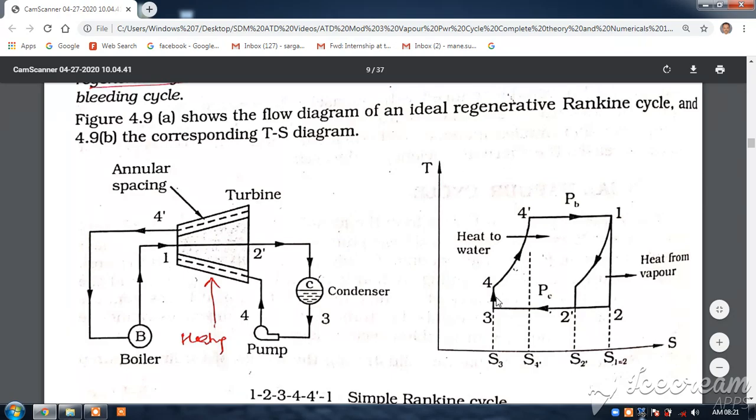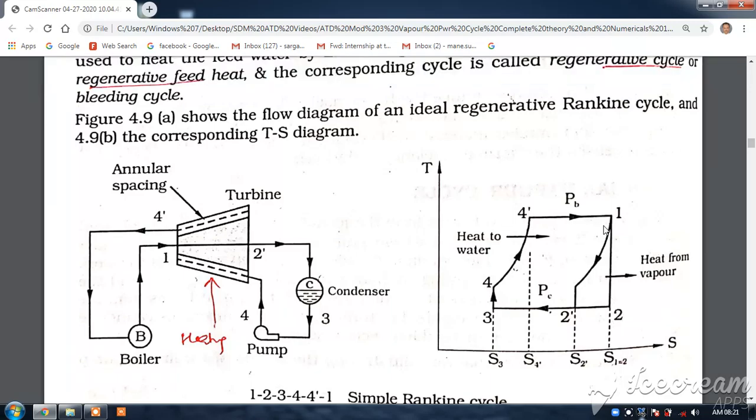If you look at the TS diagram, here you can see 1 2 3 4 4 dash is the actual Rankine cycle. But now by regeneration, 1 goes to 2 dash, then 3, 4, 4 dash. So 1 2 dash 3 4 4 dash is the regenerative Rankine cycle.